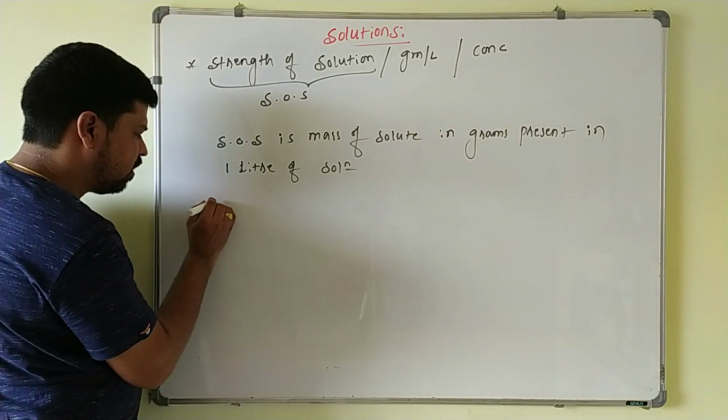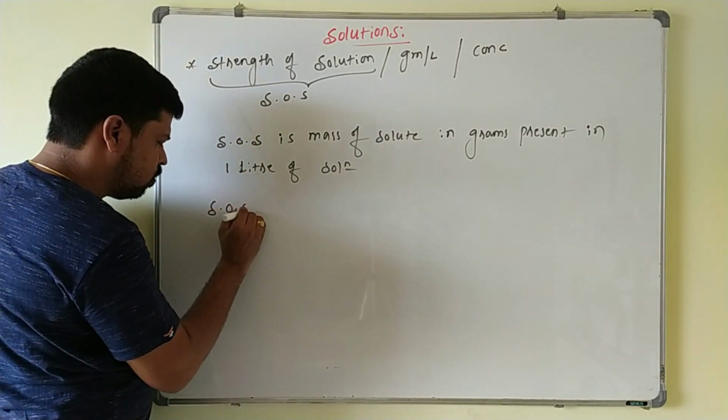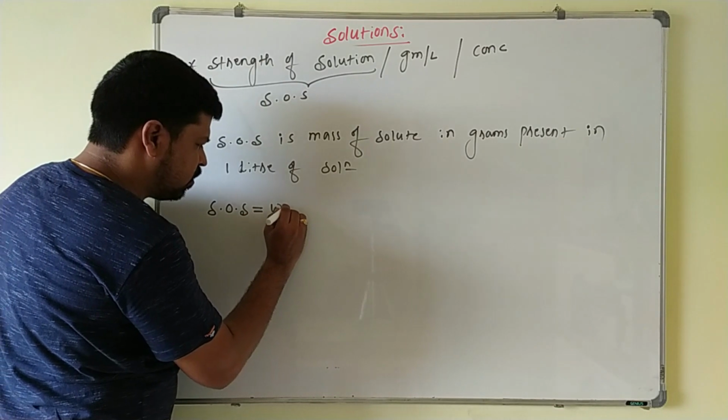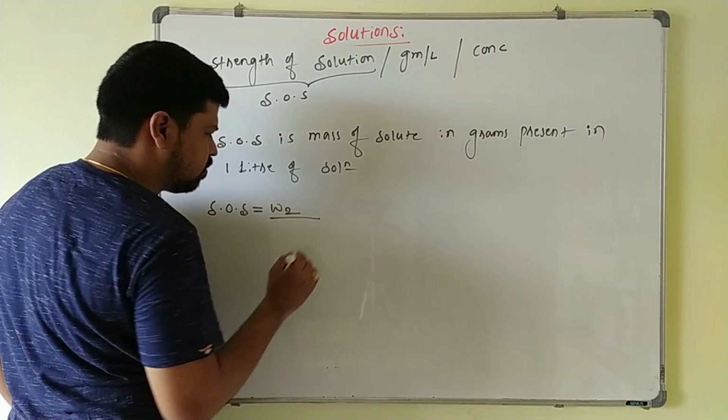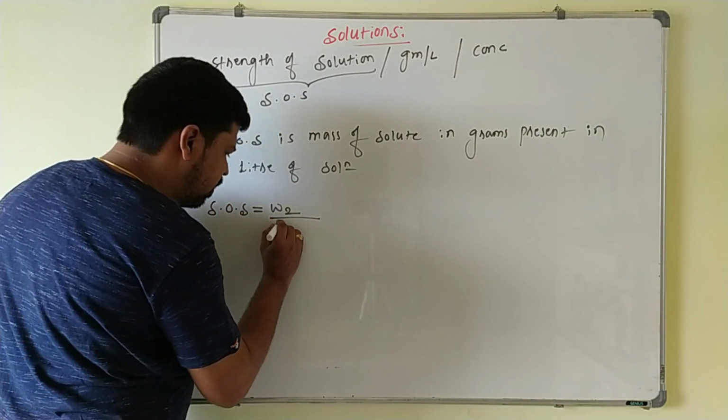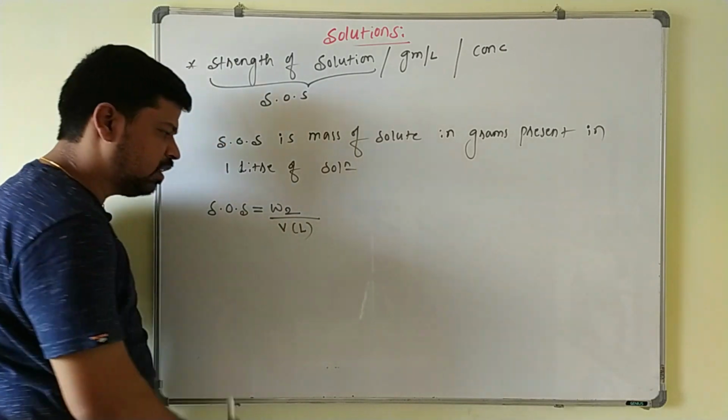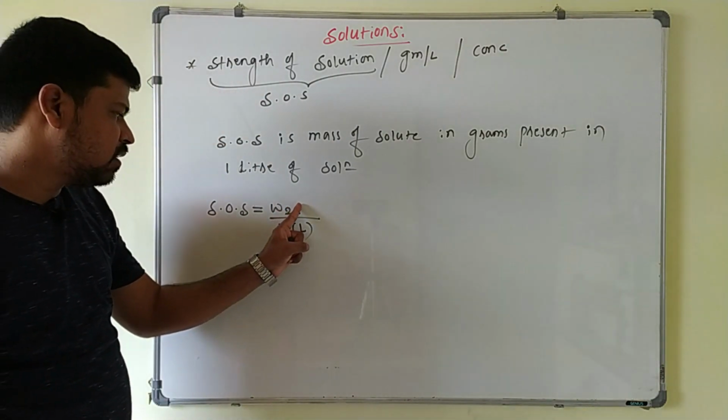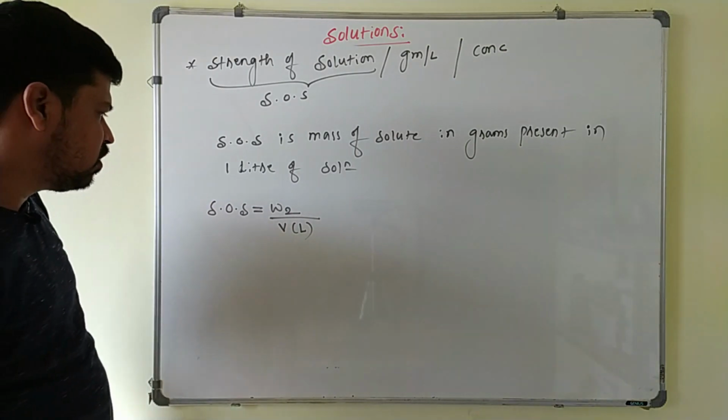We can write the strength of solution formula as mass of the solute, W2, which must be in grams, divided by the volume of the solution in liters. Mass of solute divided by volume of solution in liters.